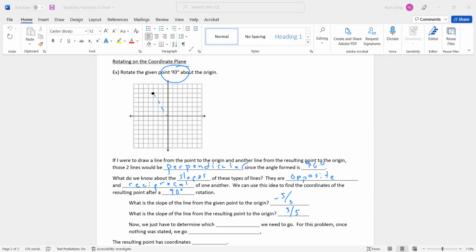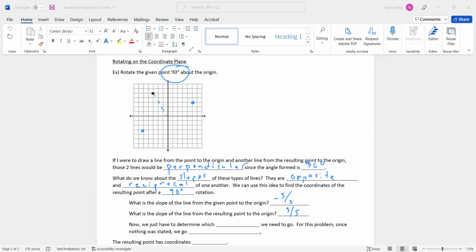Okay. Now there is a little bit of a challenge here. So 3/5, so that's up 3, right 5. That gets me here. But I could also go 3/5 and do it again. Or I could go the other direction. Down 3, left 5. That's also a slope of 3/5. Which one do I want? Now, that's where it comes in.